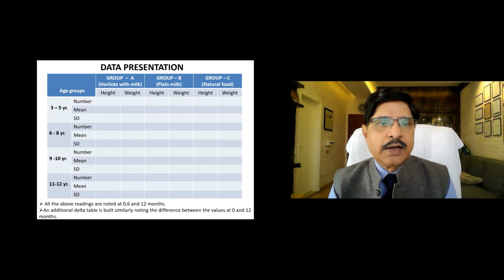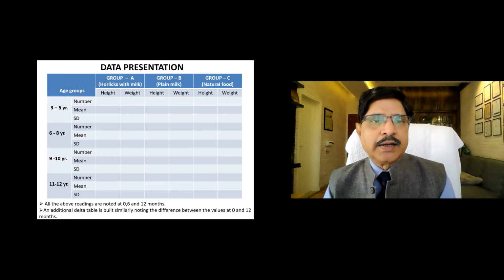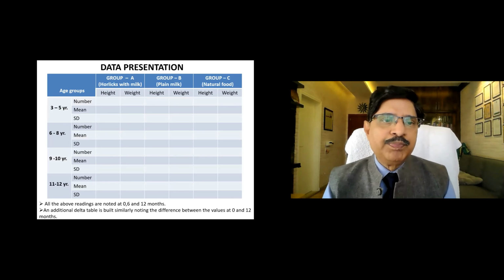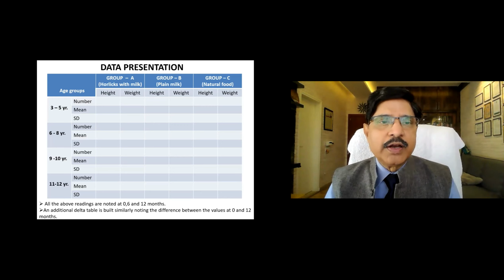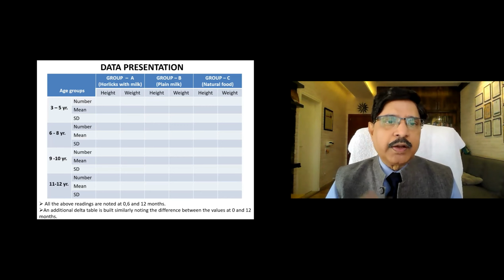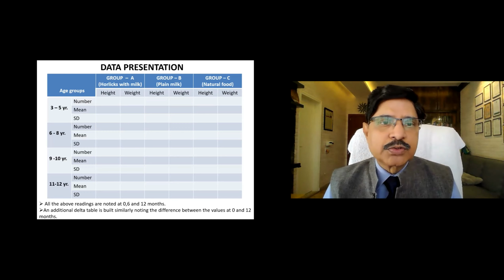For an individual child, there won't be any standard deviation, just the height and weight you record. When you summarize them, then of course it will be useful. All children of 3 to 5 will be summarized in this fashion using the number, mean, and the SD.